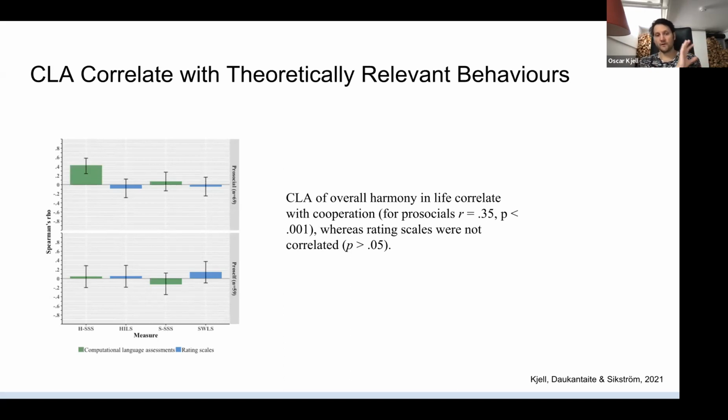So we asked participants to describe their harmony in life and their satisfaction in life with both descriptive words and rating scales, and then they could participate in a social dilemma type of game called the Give Some Dilemma game, where everyone was given $1, and then they could give that $1 to a partner, and the amount they give would be doubled by the experiment leader.